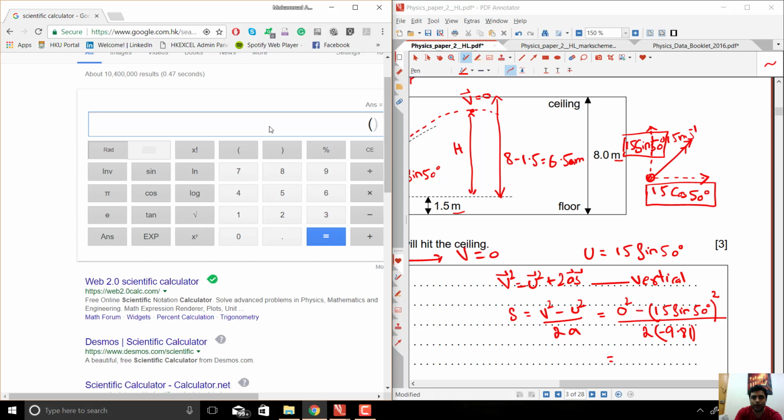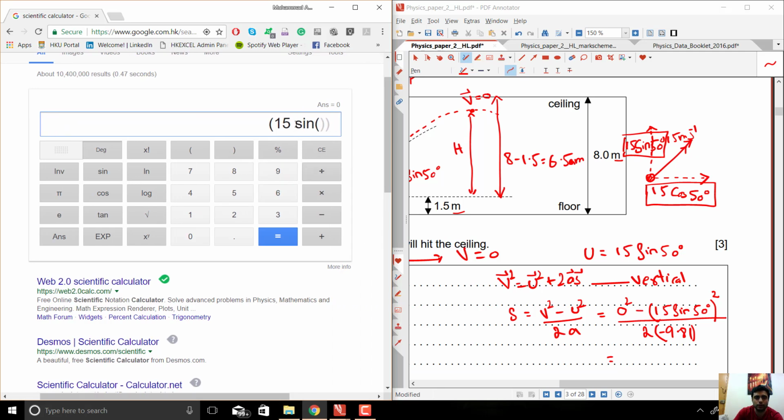So we have a bracket open, 15, and we are dealing with degrees, so 15 sine of 50 degrees, whole square, divided by bracket 2 times 9.81, bracket close. You can see the two negative signs cancel out each other. When we enter, we get 6.729.